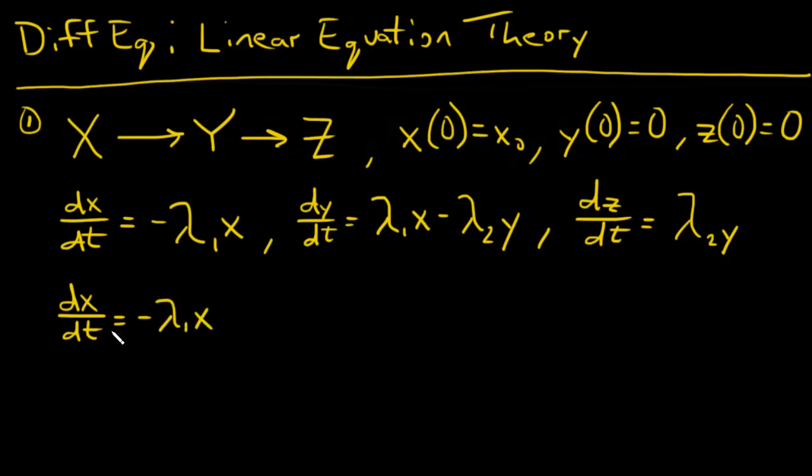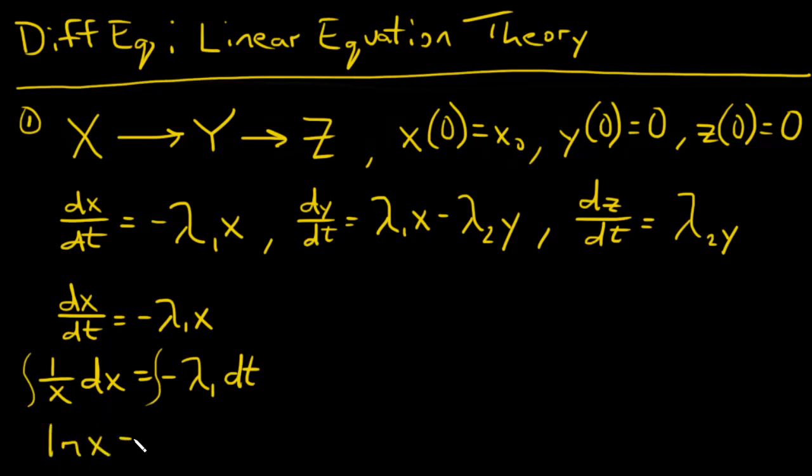I'm going to use separation of variables on this. I'm going to move all the x stuff over to the left side, all the t stuff to the right. So I get 1 over x dx is equal to negative lambda 1 dt. Now that I have everything on the appropriate side, I can take the integral of both sides. I'm going to wind up with the natural log of x is equal to negative lambda 1 t plus c.